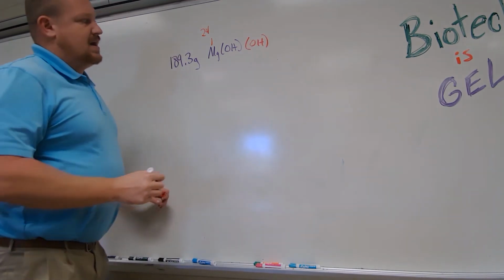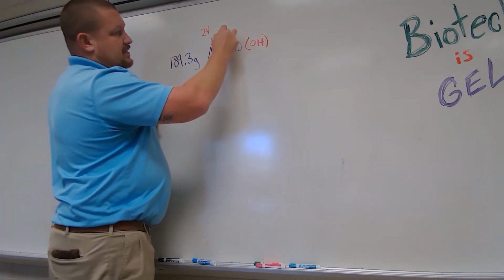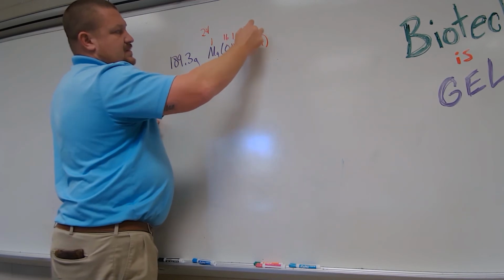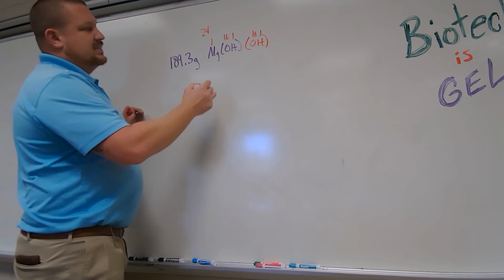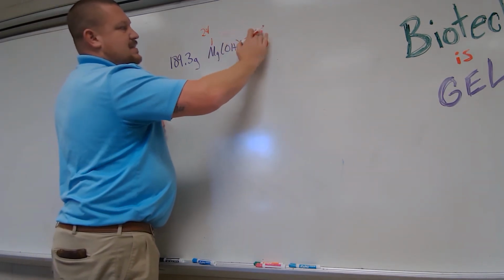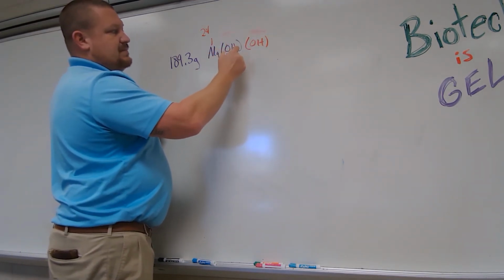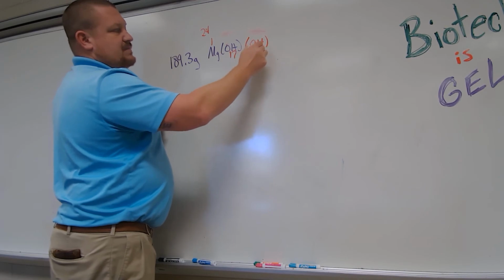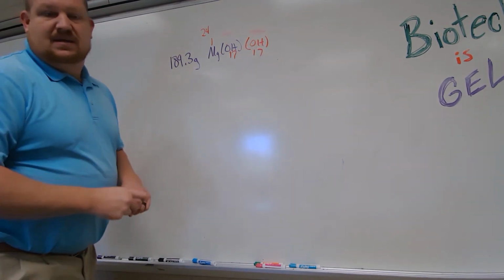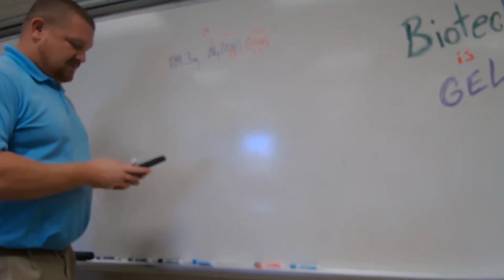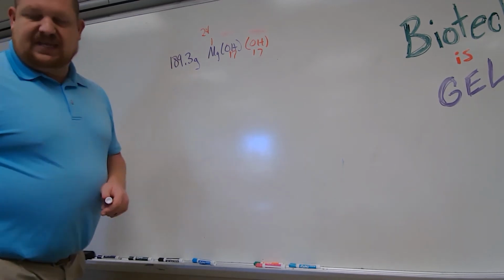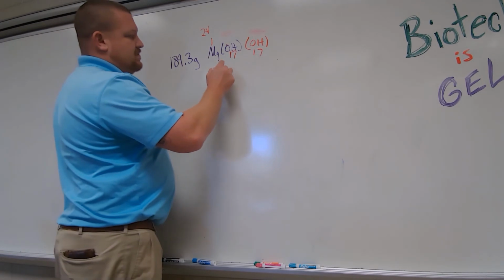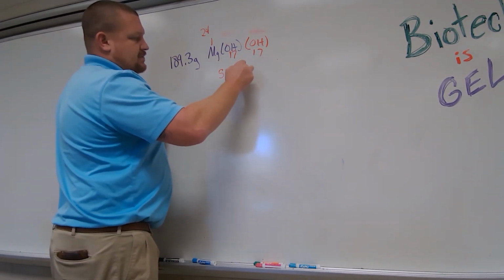So oxygen, 16, hydrogen 1. So you kind of break it down like that. You can say that hydroxide, 16 plus 1 is 17. Kind of go at it that way if you want to. So 17 times 2, 34, plus 24 is 58. So 58 grams per mole.